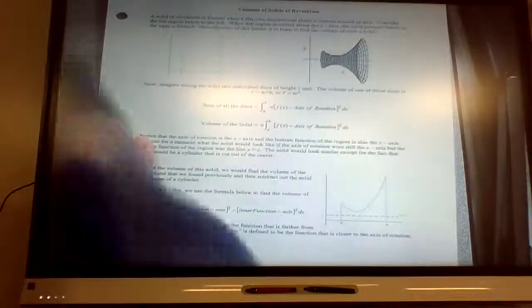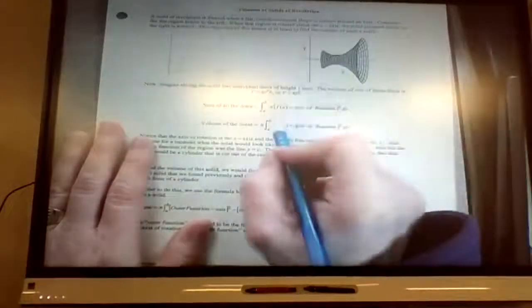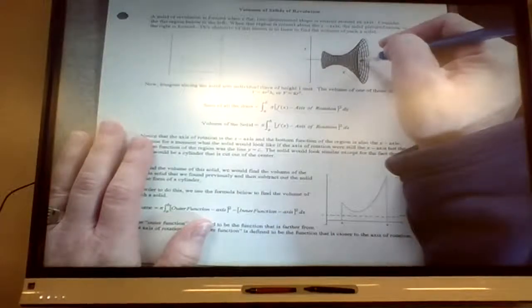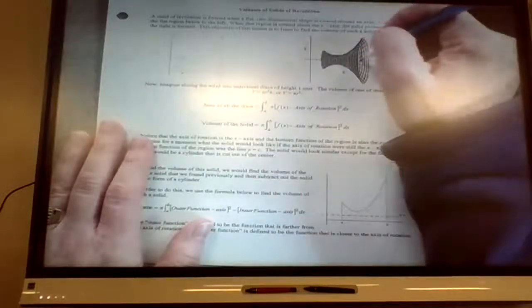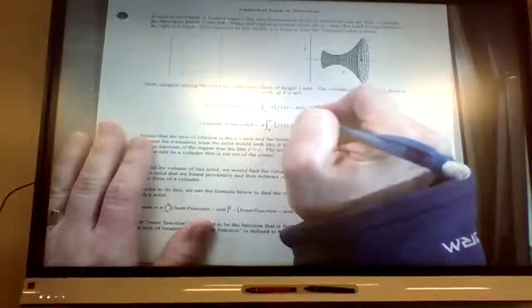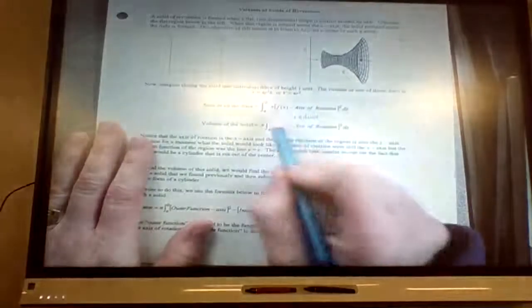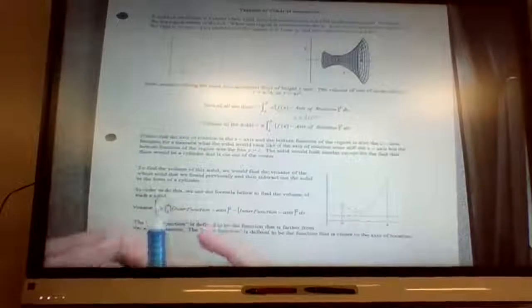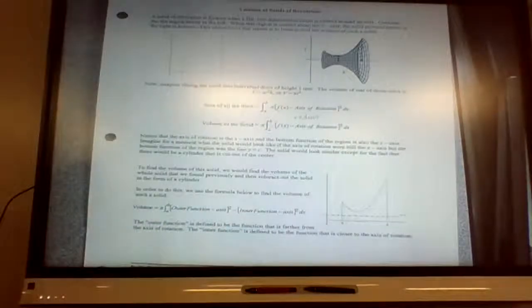Because f of x minus the axis of rotation would be from here to here, which is the radius. So it's pi times the radius squared dx. That would be the sum of all the discs. And if you get the sum of all the discs, then you have the volume of the solid.